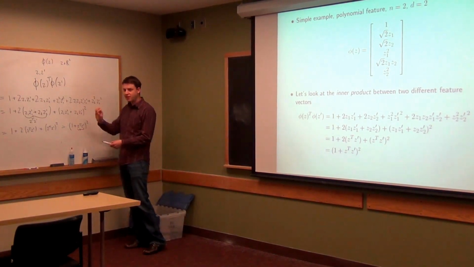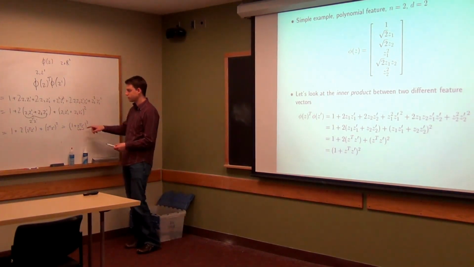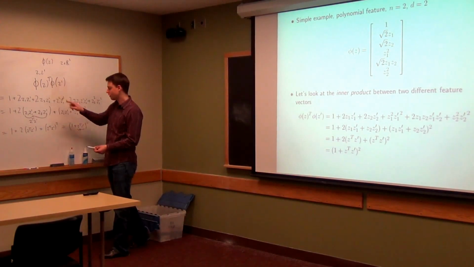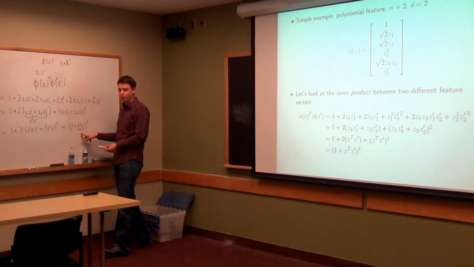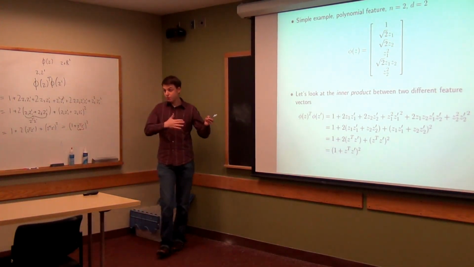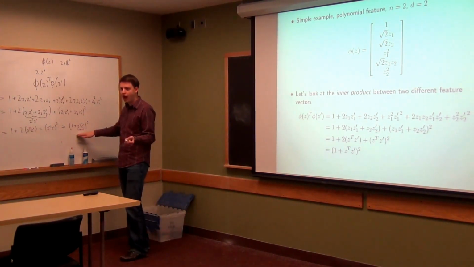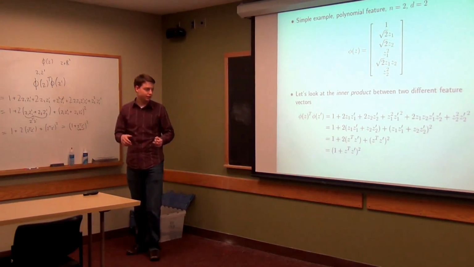Remember, z is an n-dimensional vector and this is a k-dimensional vector. This requires k operations to compute this inner product, but this requires just n operations. When n is much bigger than k, as is the case with those high-dimensional features, this is going to be a lot faster. I just proved it in this one case here.